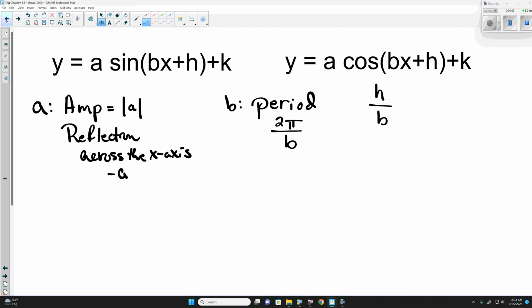So in the notation I have here, H over B, or they have it C over B, is going to be the phase shift, how much it moves the function to the left or to the right. We can specify left or right depending on the sign. If H over B is positive, it moves to the right. If H over B is negative, it moves to the left. That's all dependent on what the sign is.